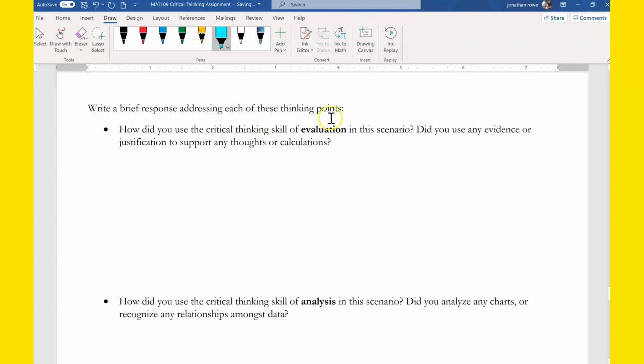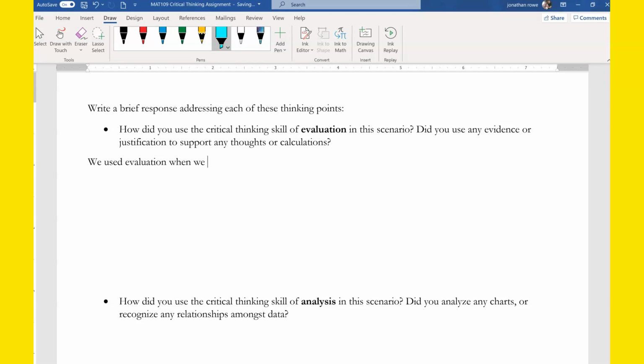Okay, write a brief response addressing each of these thinking points. How did you use the critical thinking skill of evaluation in this scenario? Did you use any evidence or justification to support any thoughts or calculations? All right, we used evaluation. Remember, evaluation is making a judgment on a claim or on a conclusion.